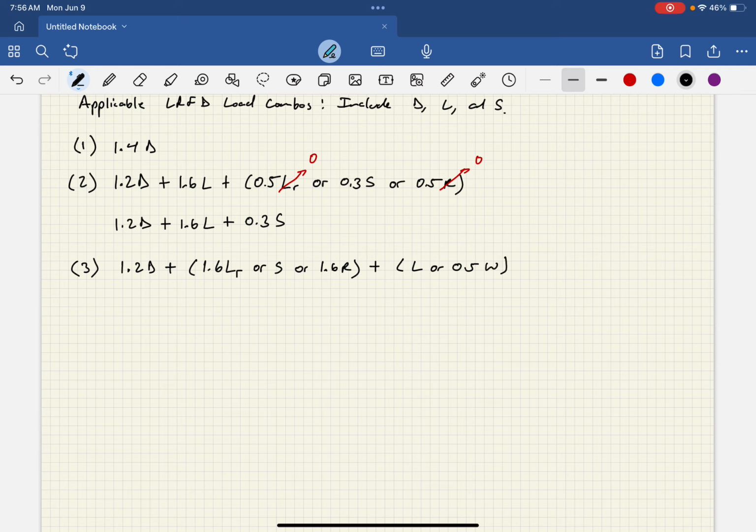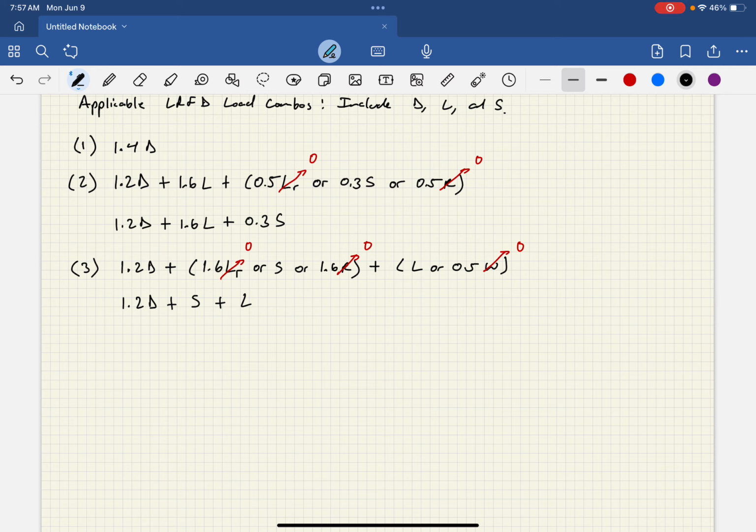W is wind load. Again, you want to cancel out what we don't have. We don't have a roof live load, we don't have a rain load, and we don't have a wind load, okay? So what does load combo 3 from ASCE 7 reduce down to? It goes down to 1.2 dead plus S plus L, okay? So that reduces pretty quickly.